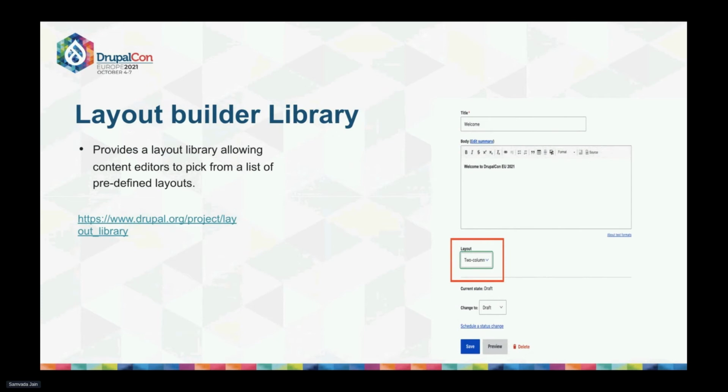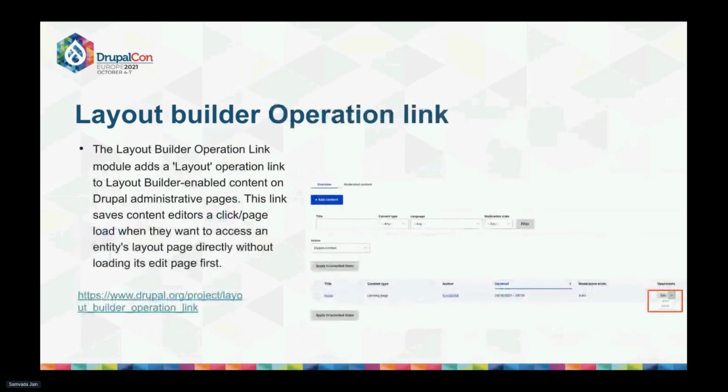Instead, you might just want to make them select an existing layout while creating the content. So your developer or site builder can configure these layouts, and these predefined layouts can then be selected while creating the content.